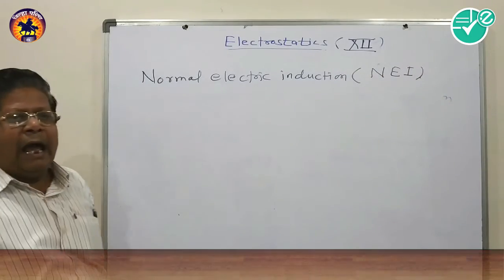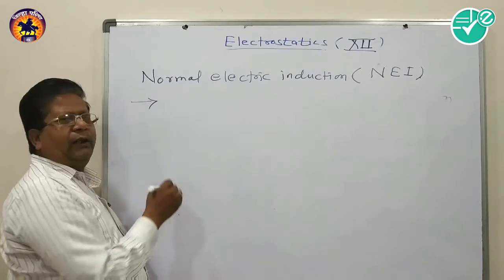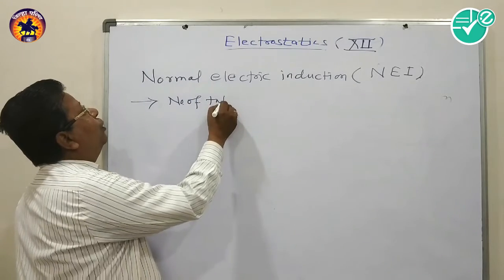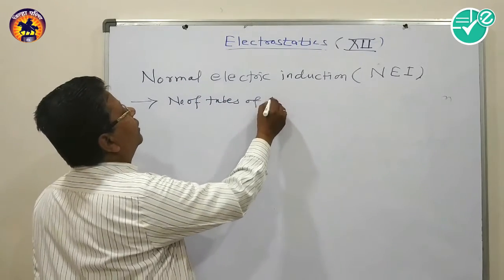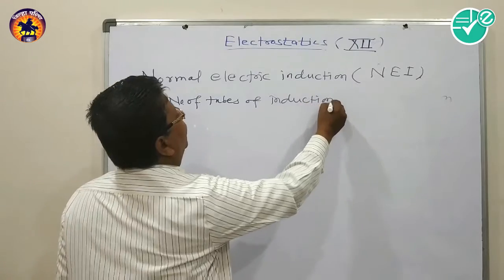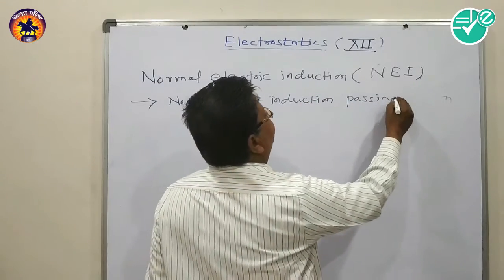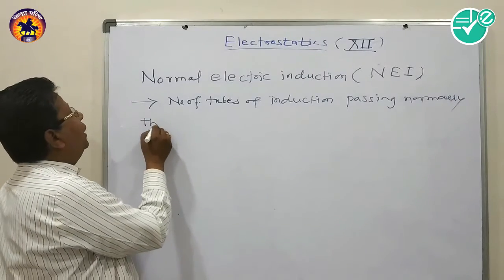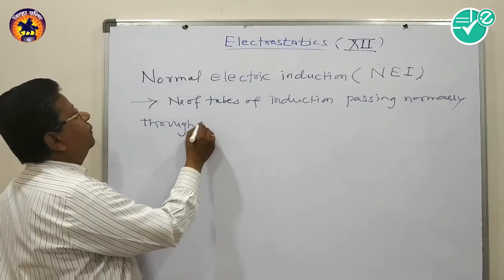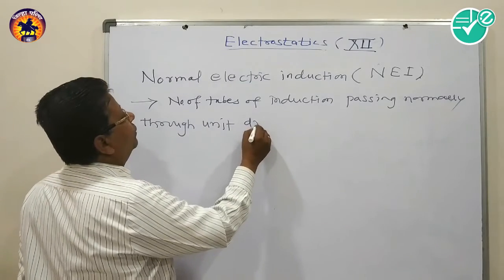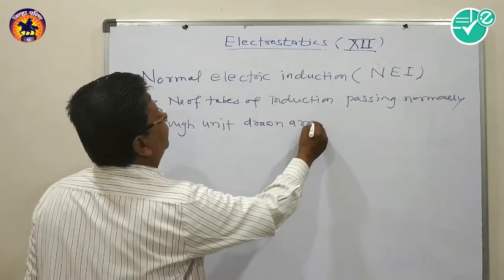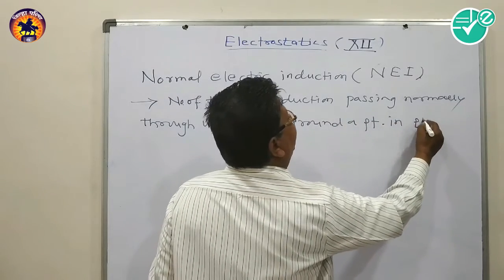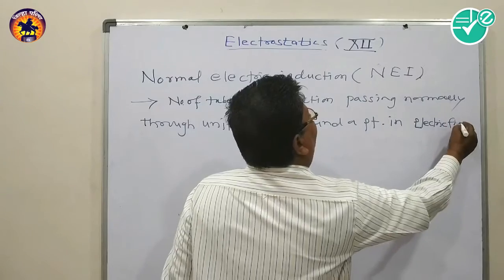And this normal electric induction is nothing but the number of tubes of induction passing normally through unit area drawn around a point in an electric field.